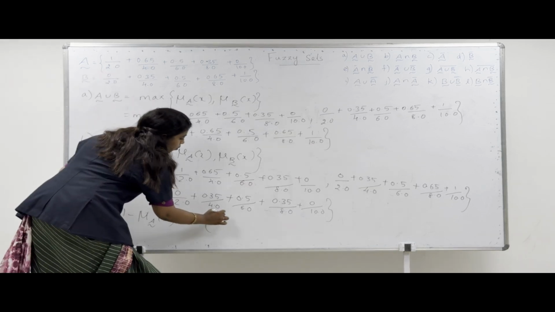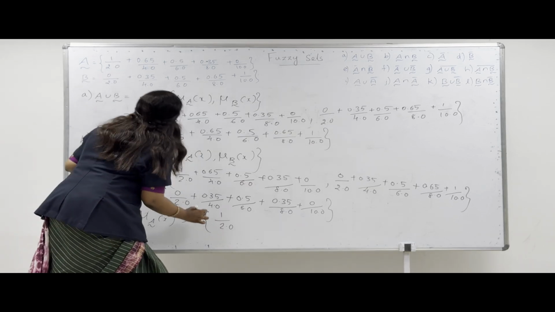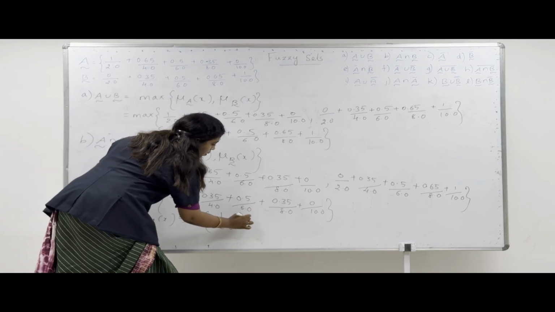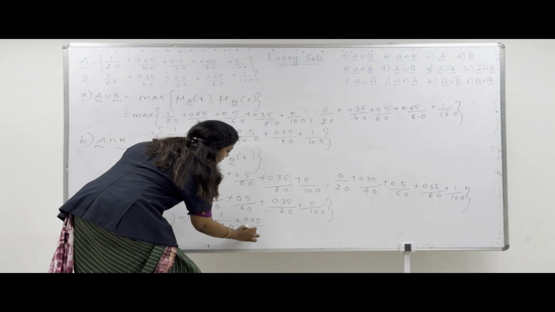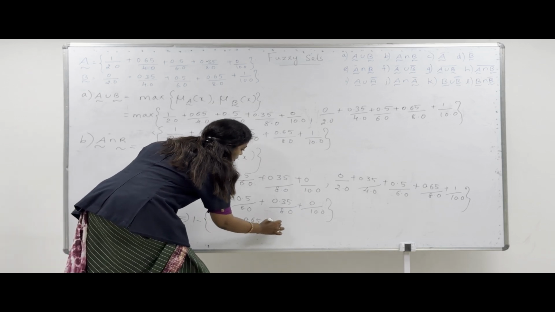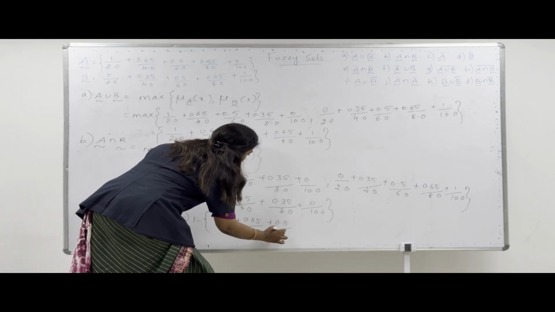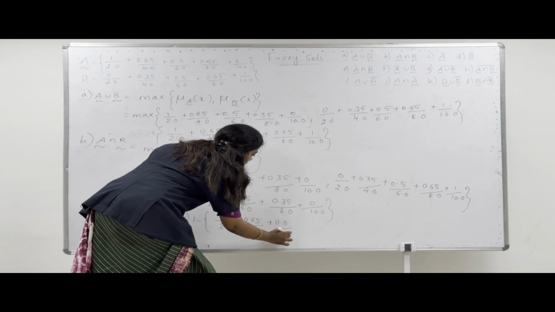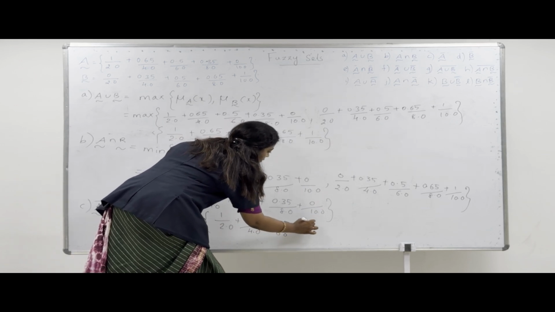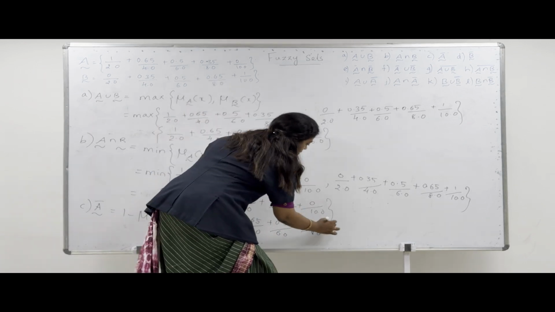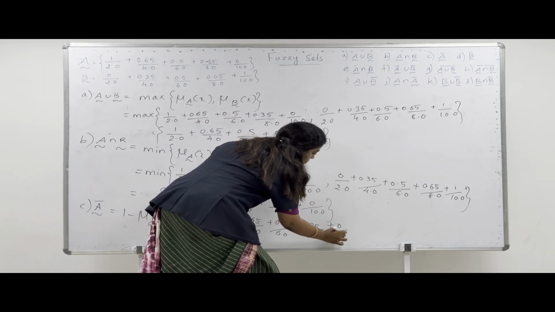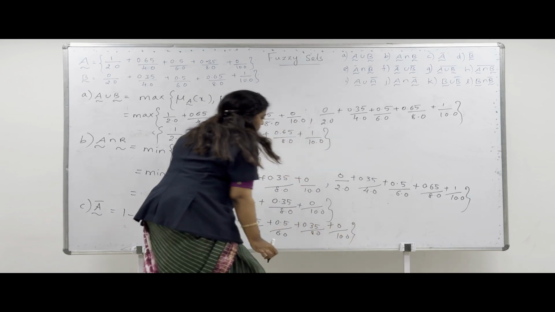That is 1 by 2.0, 0.65 by 4.0 plus 0.5 by 6.0 plus 0.35 by 8.0 plus 0 by 10.0.